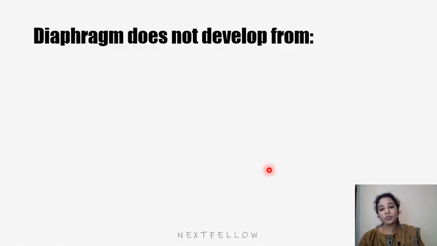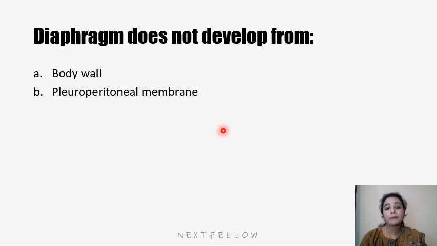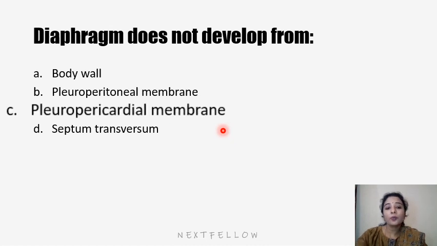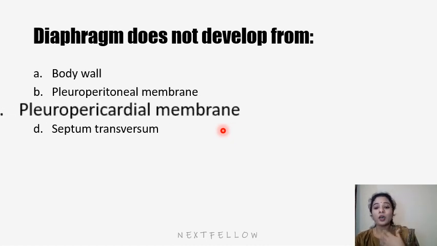So that was about the body cavities and the development of the diaphragm. Let us see some questions associated with this topic. The diaphragm does not develop from which of these: body wall, pleuroperitoneal membrane, pleuropericardial membrane, septum transversum. I hope you know the answer. The pleuropericardial membrane forms the upper part, separating the pericardial cavity from the pleural cavity.